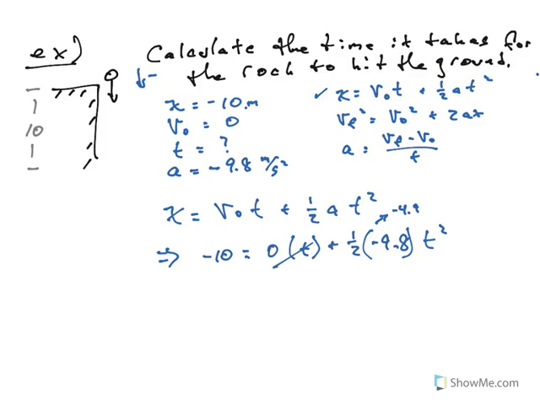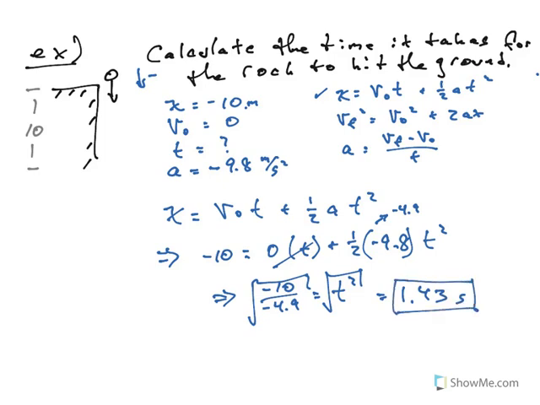So I bring the negative 4.9 to the other side, and I get negative 10 over negative 4.9 equals t squared. But I don't want t squared, I want t. So I take the square root of both sides, and that gives me 1.43 seconds. And there we go. How long did it take for the rock to hit the ground? 1.4 seconds. So that's what we did last time.